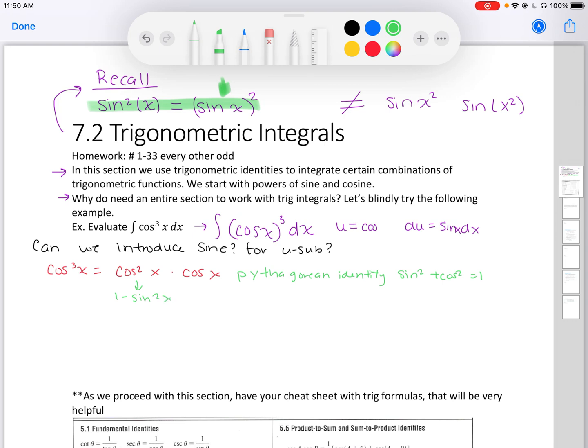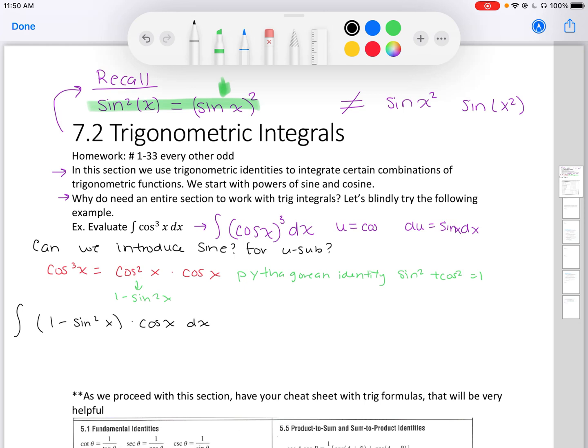So let's go ahead and do that. To write our integral, we're going to split it into a cosine squared and cosine. We're going to replace cosine squared with 1 minus sine squared of x, times cosine of x dx. And now we're in a position where we can use our u substitution.